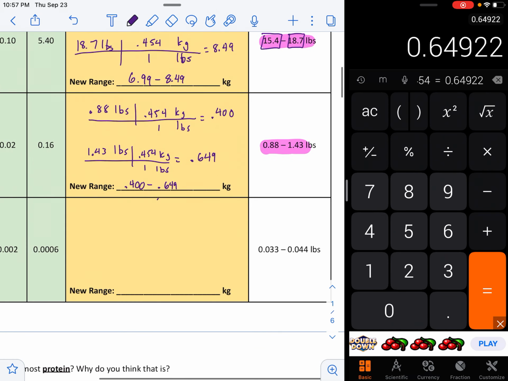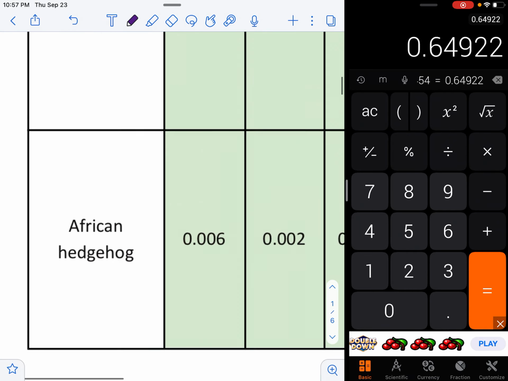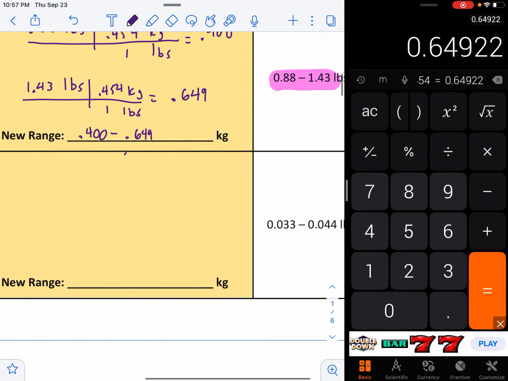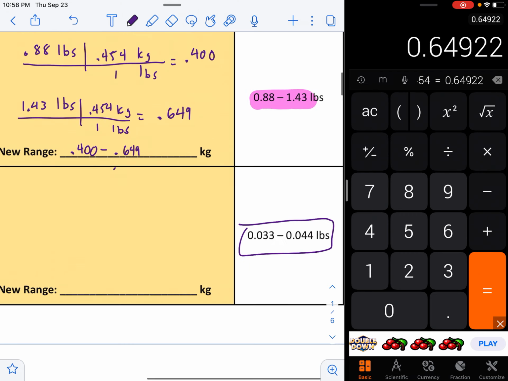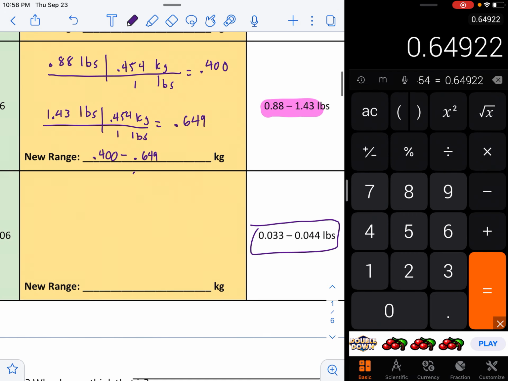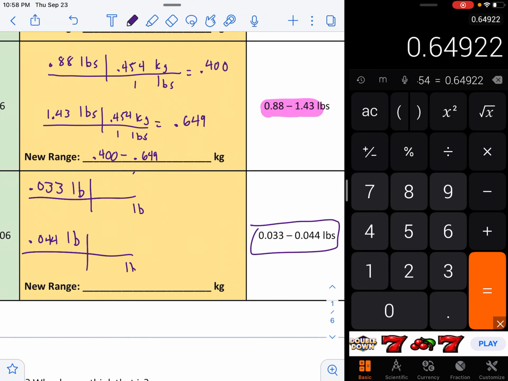And then last but certainly not least is the African hedgehog. So we're going to calculate the range here using these two values provided in this last column. We have 0.33 lb and 0.044 lb. Pounds goes down here.